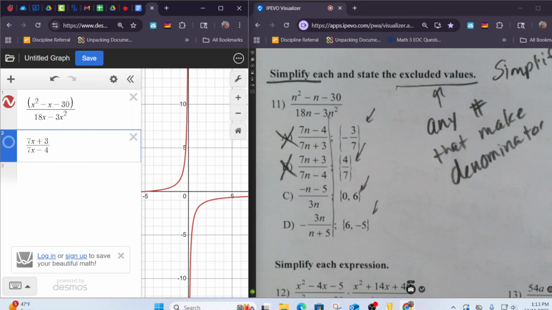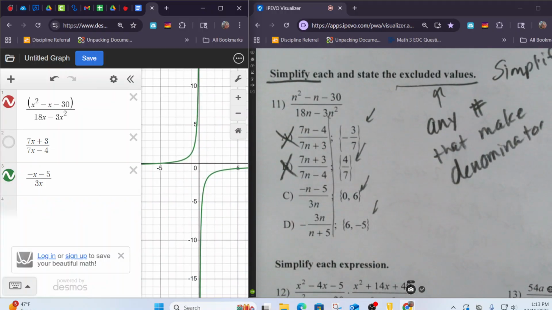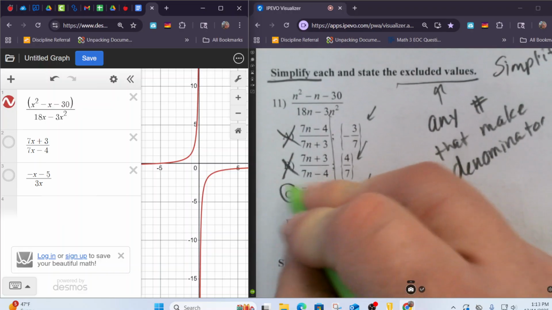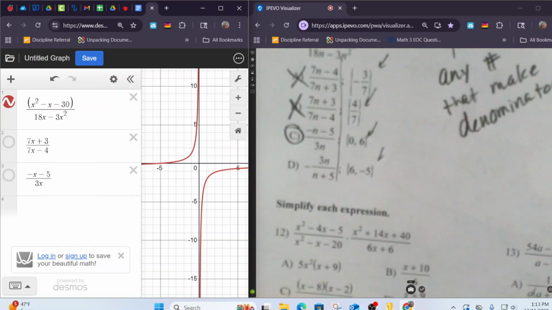If you plug in C, which you don't have to remember any of that stuff, there it is. It's always C. That's the answer. If that's a vertical asymptote, then it will most likely be the answer.